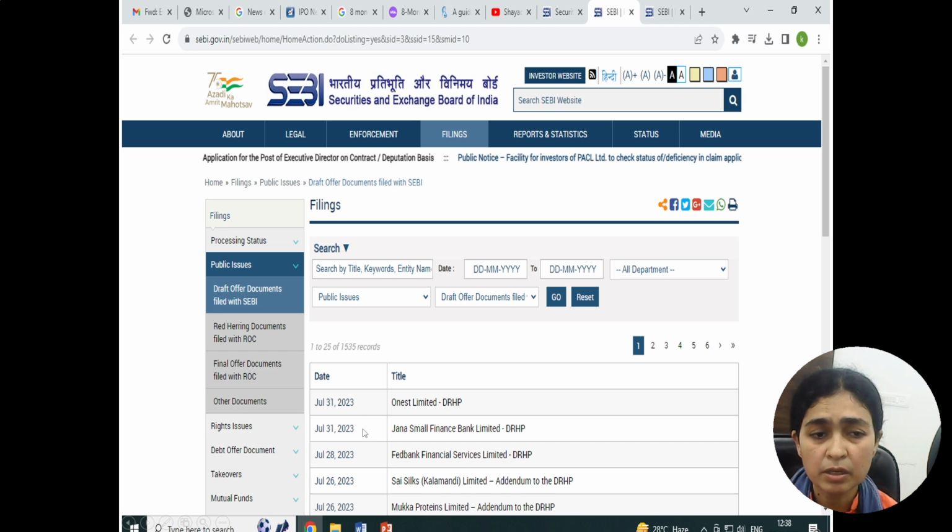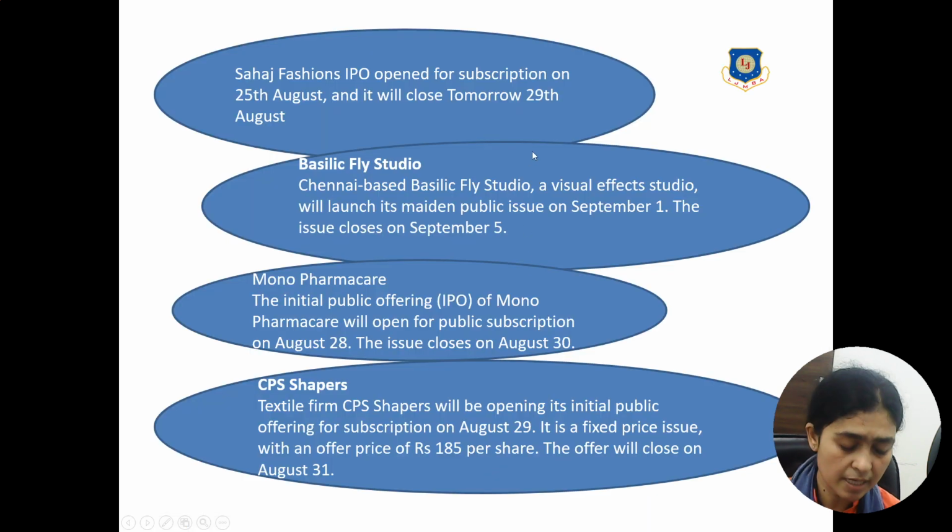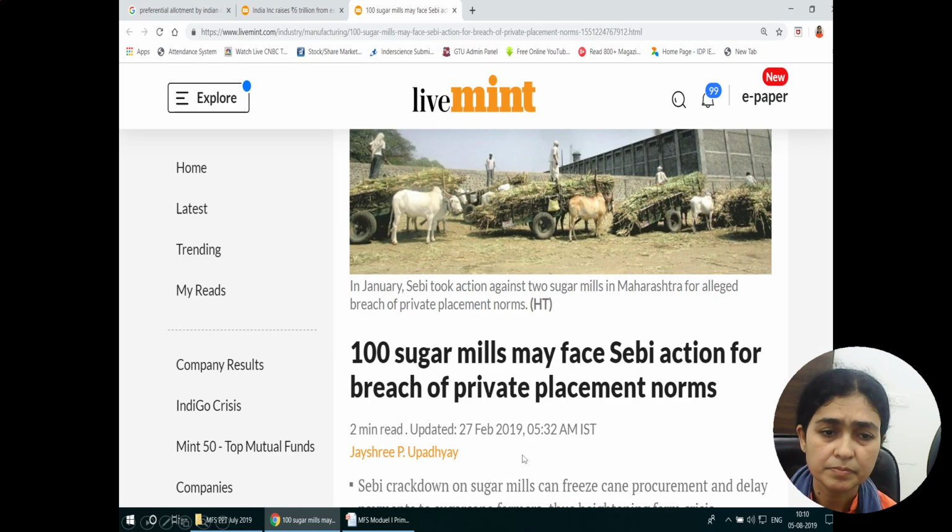You put a name in; the recent companies which have submitted DRHP or RHP will be here. These are just examples which indicate that the recent IPOs of Sahaj Fashion, Basic Fly Studio, Monopharma came, different companies, different industries, and just an example of how they are putting a price.